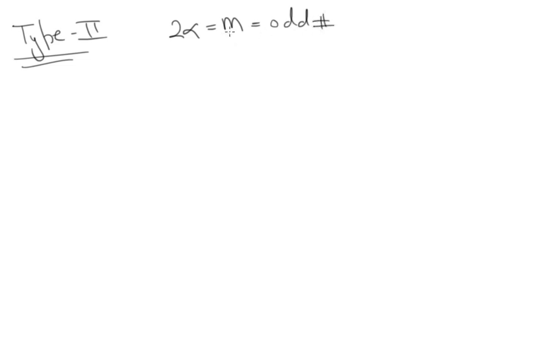In previous case this was even, but like previous case you still have even symmetry, which is h of n is equal to h of m minus n. You still have even symmetry in the impulse response of your system.